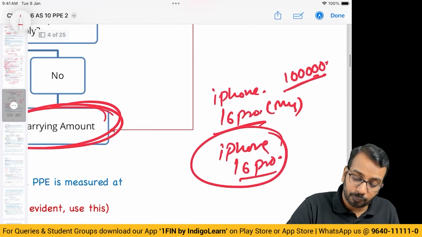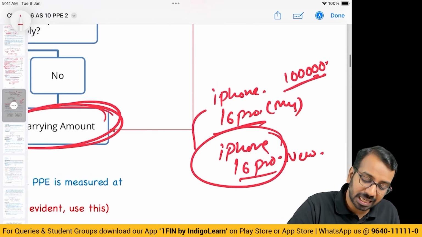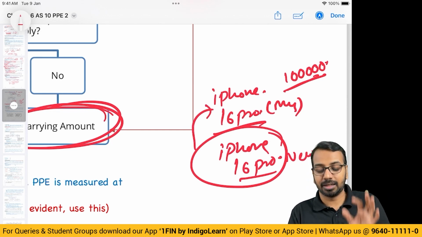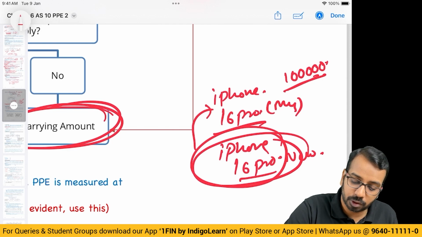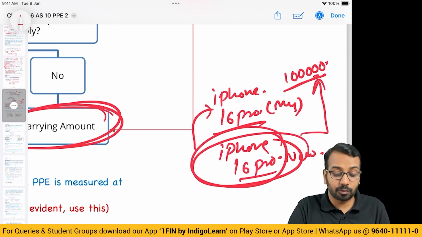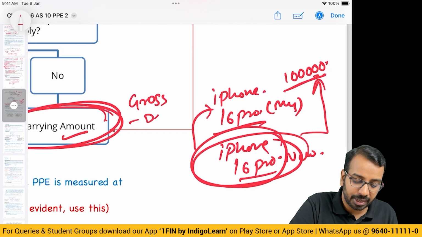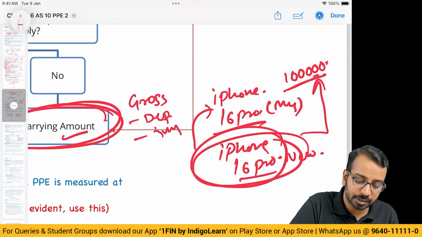When I get a new iPhone Pro, which has the same characteristics or does not change my cash flows, then this new iPhone will be recorded at 1 lakh. At what value? Carrying amount. Carrying amount means gross book value minus accumulated depreciation minus impairment.